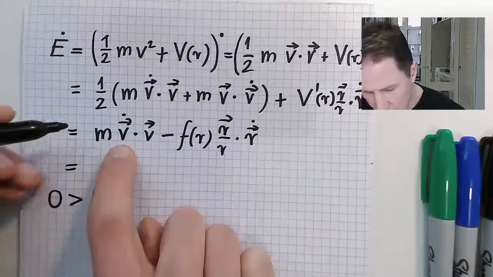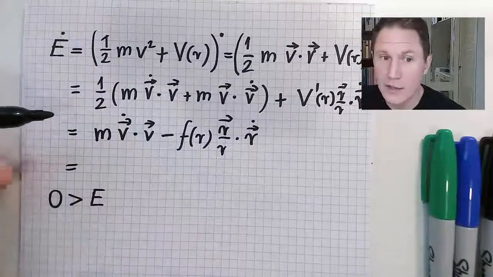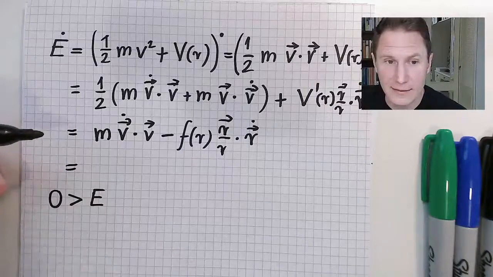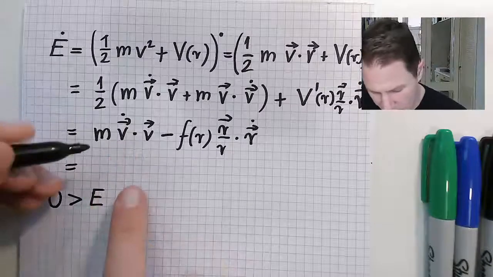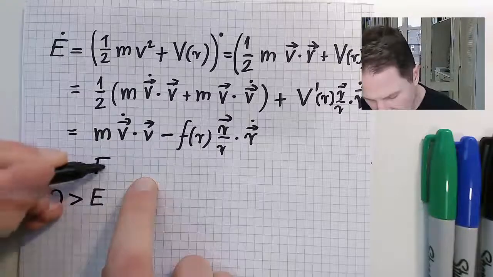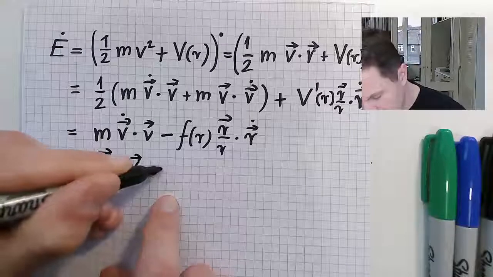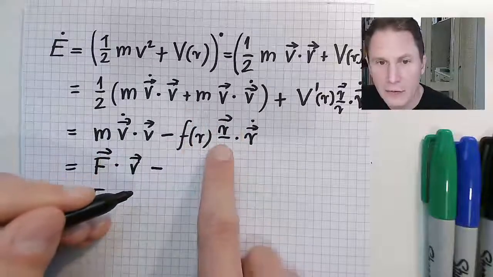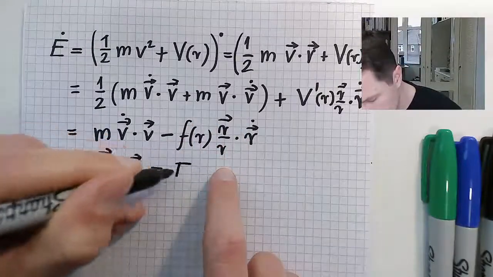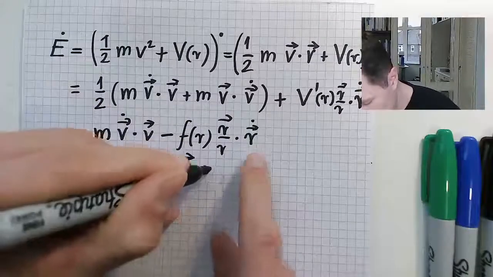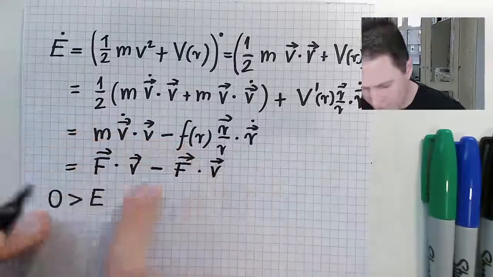Okay, so what we got here is nothing but m times v dot. Remember, v dot, the rate of change of the velocity vector, is the acceleration vector. So m times a gives us f, the force, dot the velocity vector, minus, well, again the force vector times r dot, which is the velocity vector.